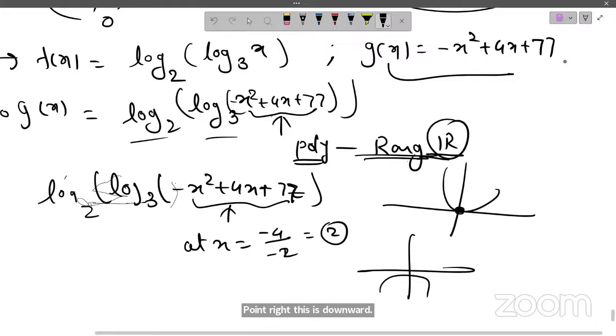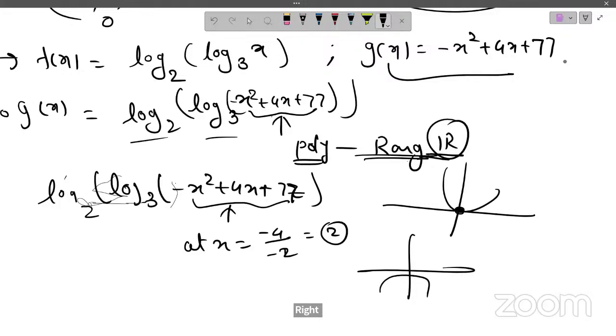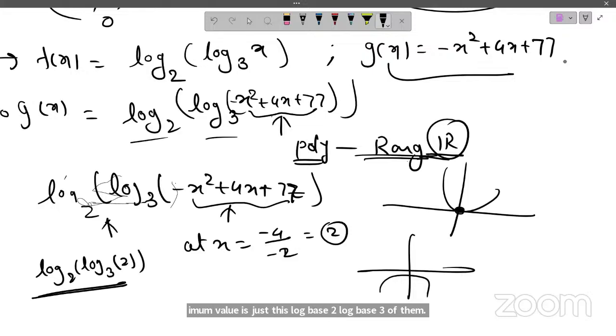Right, yes, ma'am. So the maximum value is just log base 2, log base 3 of f of 2, and I think that's correct because log is ultimately an increasing function. We just want the point where it is maximum. Okay, ma'am, I got it.